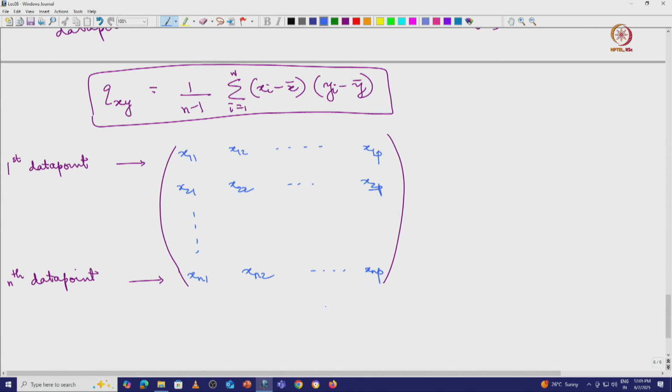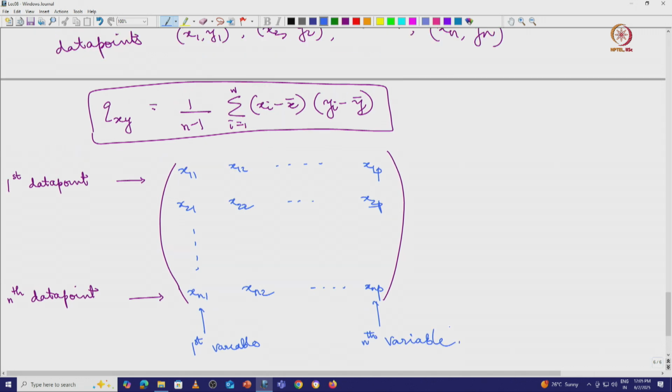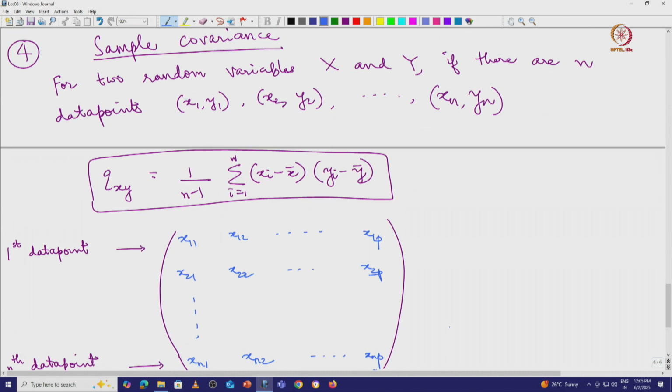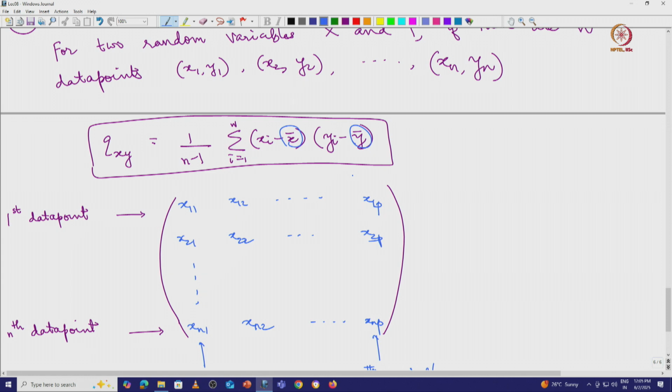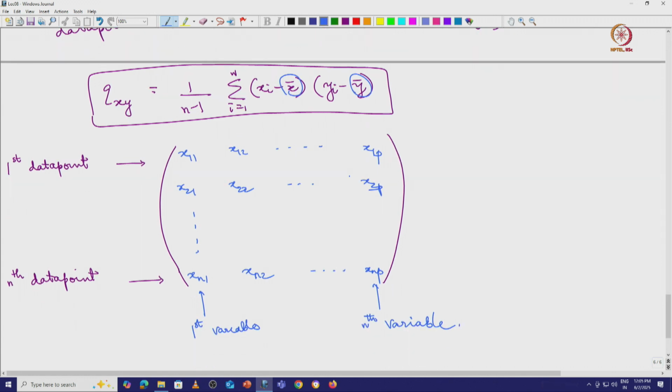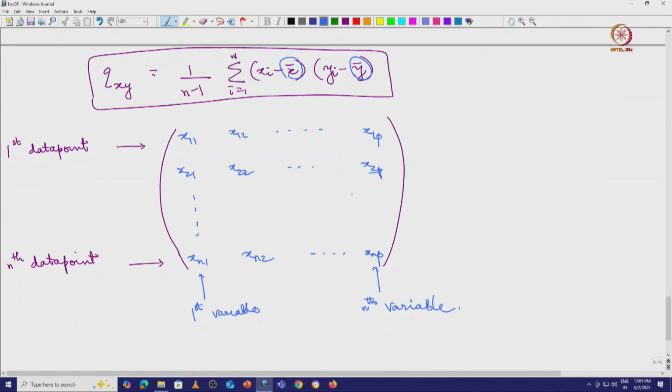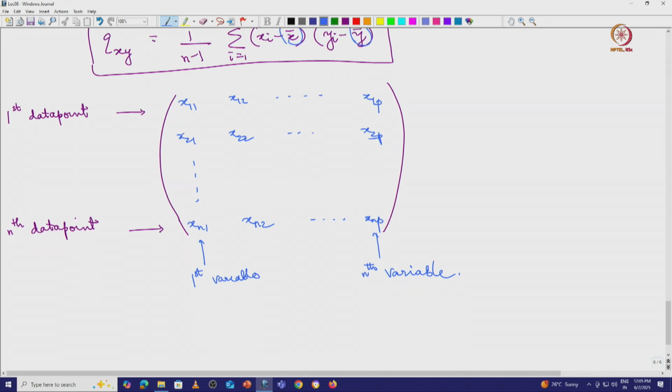So this is the first variable and this is the last variable. So what we are trying to do is we have defined this sample covariance for two random variables x and y, but if we have an entire data set, which is what happens in machine learning, then how do we generalize our understanding to this particular data set? So that is what we are looking at.